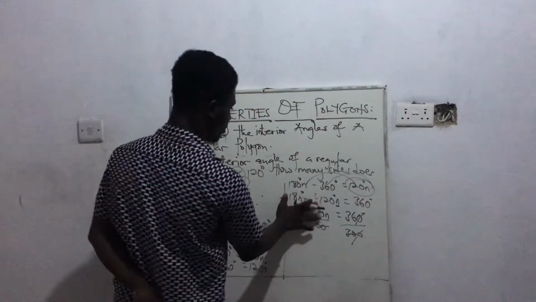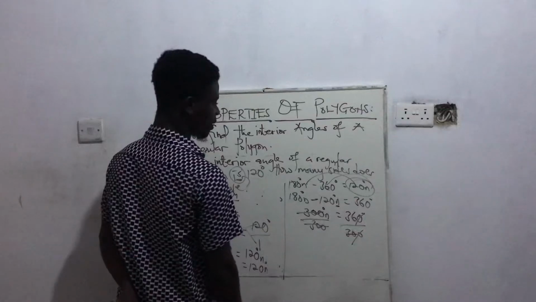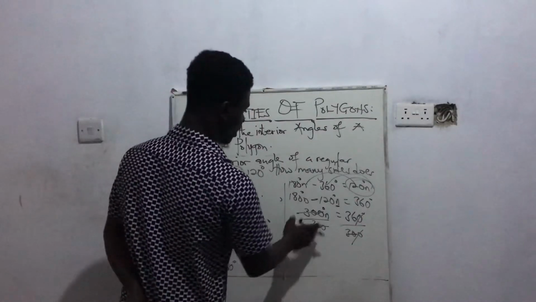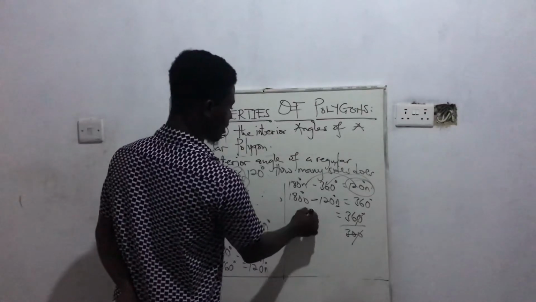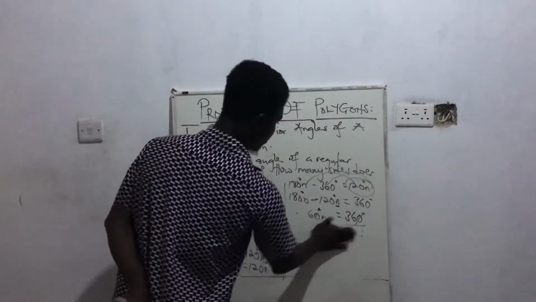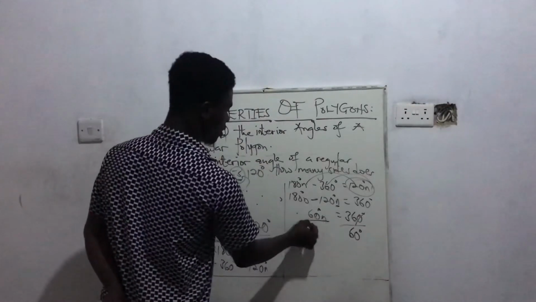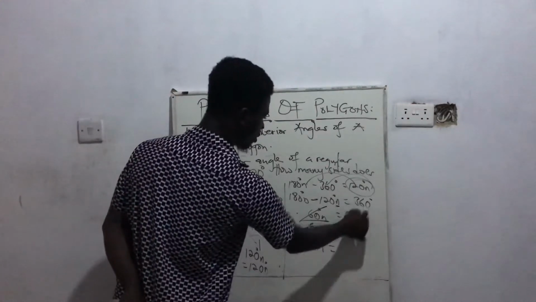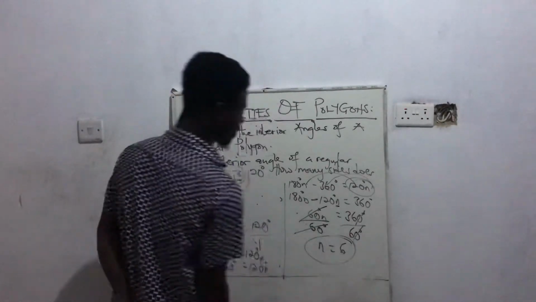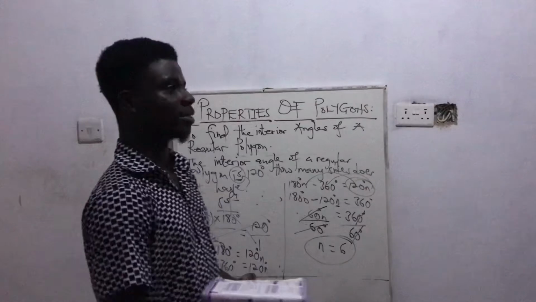It's minus, not positive. So here I get 60 degrees. Yeah, sharp. That's why I was about to get this marking. So here 60 degrees. So n will give me what? So 1 cancels. n will give me 6. And what type of polygon is that? Hexagon. That's a hexagon.